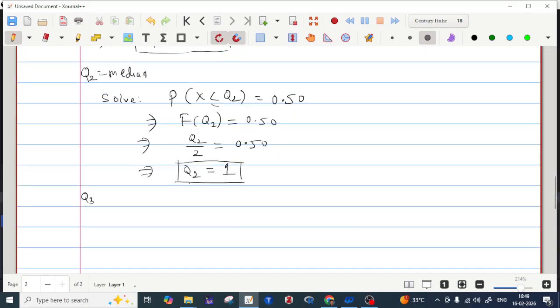Now obtain Q3. To obtain Q3, we have to solve probability of X less than or equal to Q3 equals 0.75. This is nothing but F of Q3.